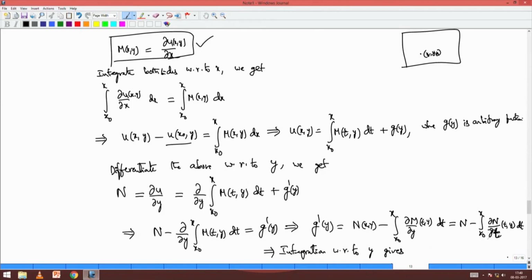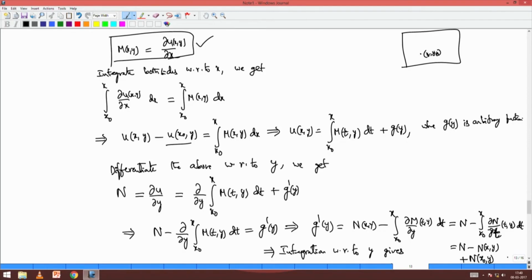So this is actually equal to N of (x, y) minus N of (x, y) plus N of (x naught, y).